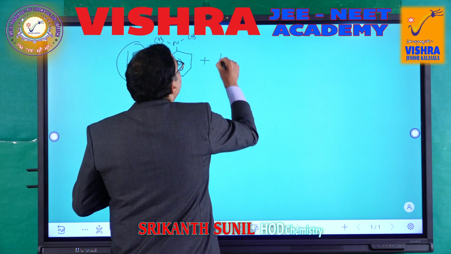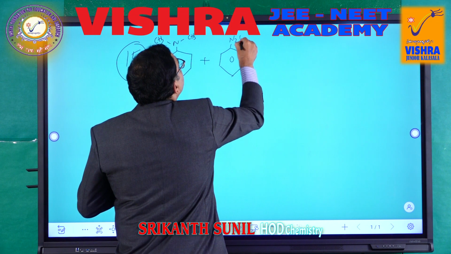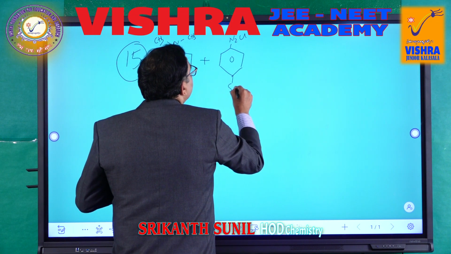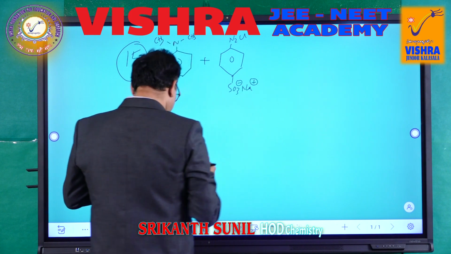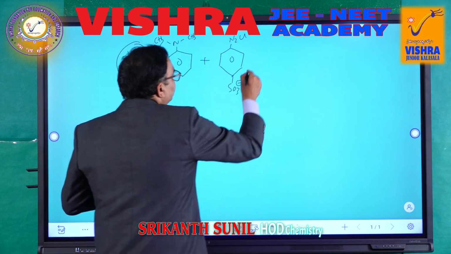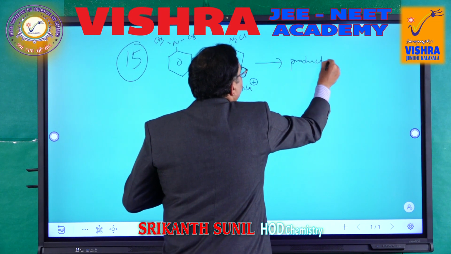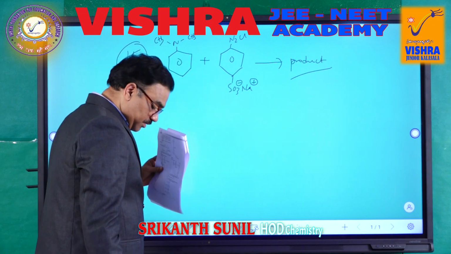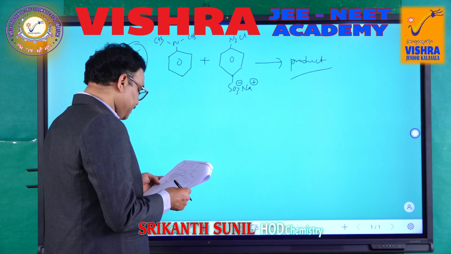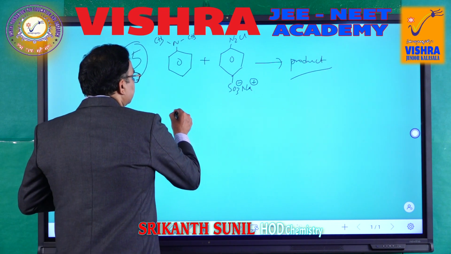And then you have benzene diazonium chloride here. Here you have N2Cl and here you have SO3 minus and Na plus. These two are combining. What will be the product? This is what they are asking. So now let us see what will be the product. The compound we are going to get is this one, this is the product.